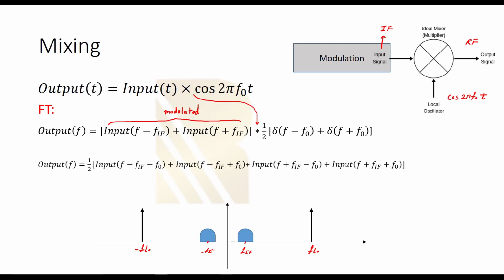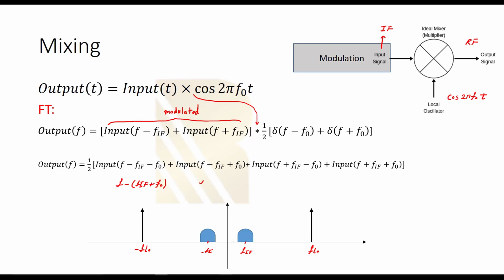We have exactly 4 components here, as you see, because we have 2 here and 2 here. We have to convolve them all. Let's see what kind of center frequencies we have here. So this is, we can say, F minus FLO, FIF plus FLO, or F0, it doesn't matter. F0 is FLO.